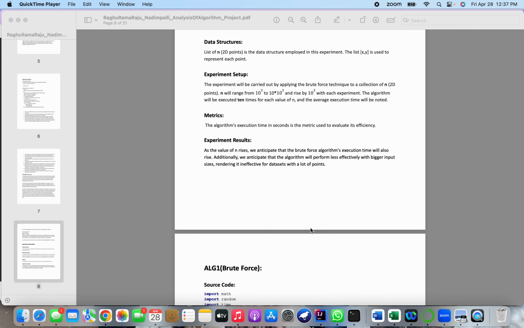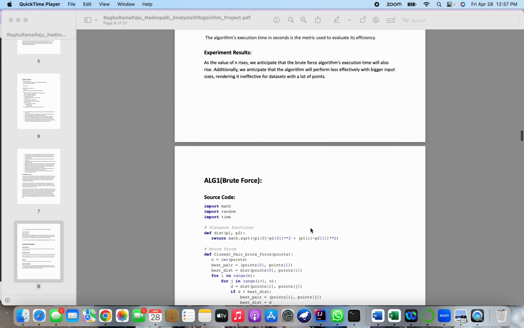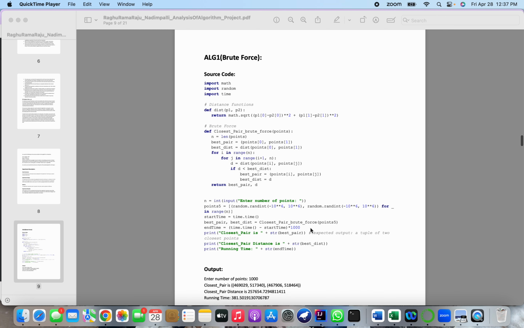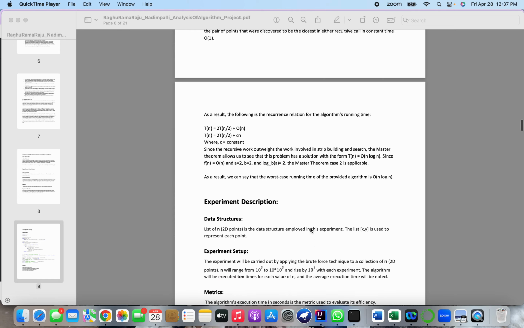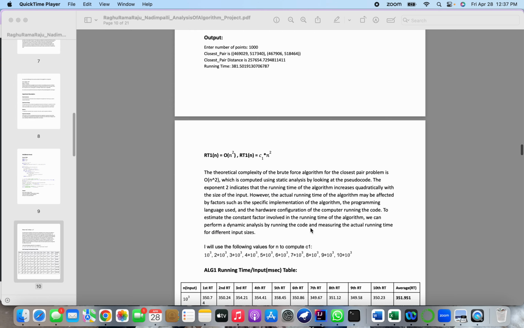So if these 4 points are the input, then the output will simply be the closest pair. We'll get as output 1 comma 2 and 3 comma 4, and also the distance that is calculated with the Euclidean distance formula, which is 2.83 between 1 2 and 3 4. So the output will be like this: 1 2, 3 4 and 2.8. Let me show you the output.